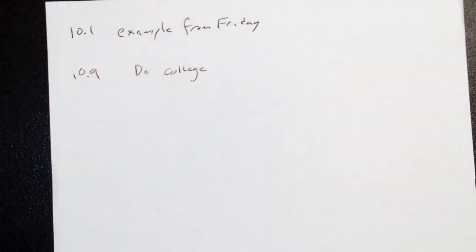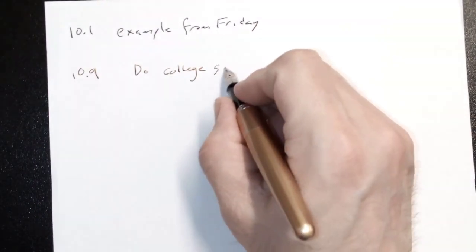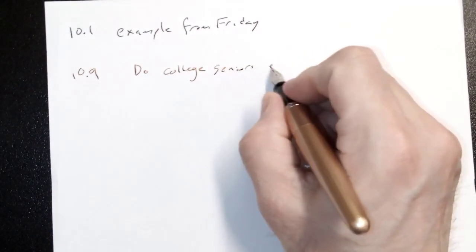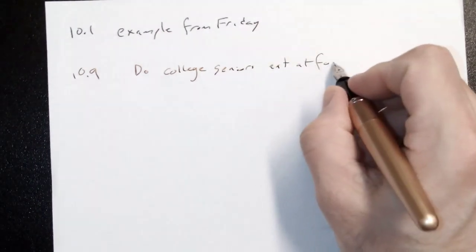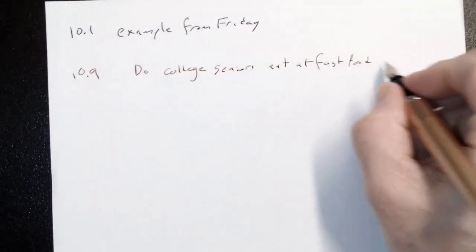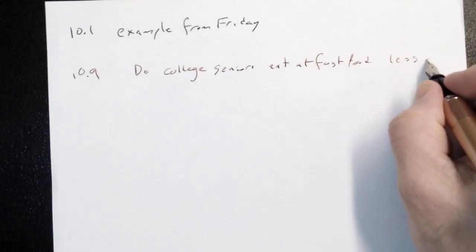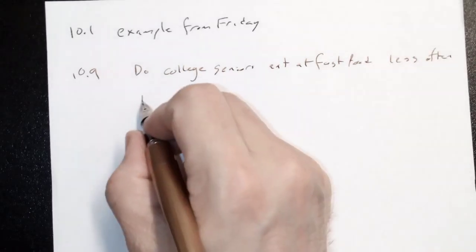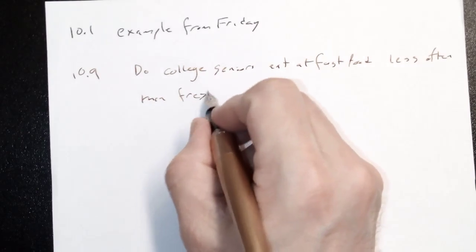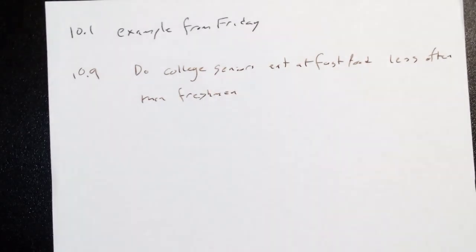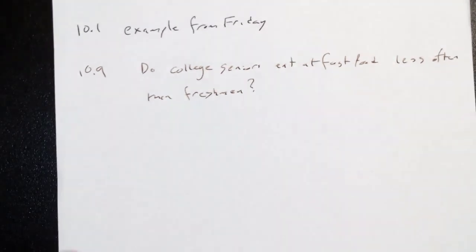I'm going to read the question the way they put it out. Do seniors eat less frequently than freshmen? Seniors eat at fast food less often than freshmen. And then I look at the data again.